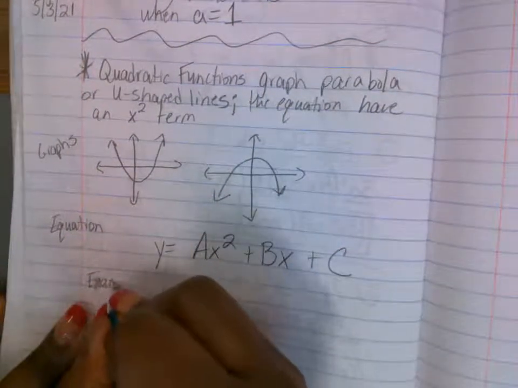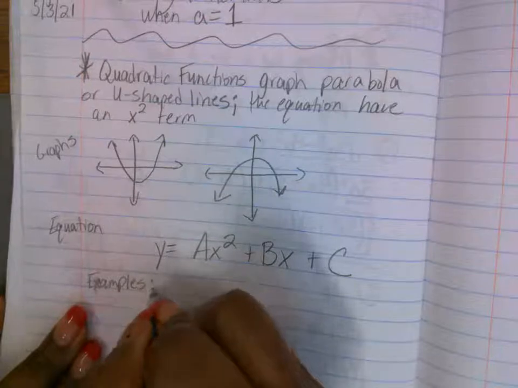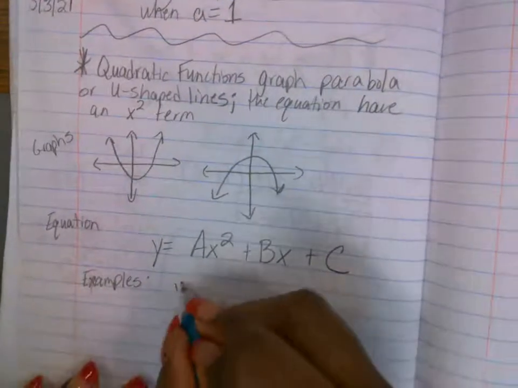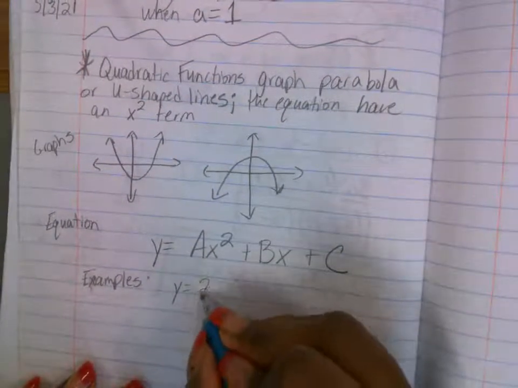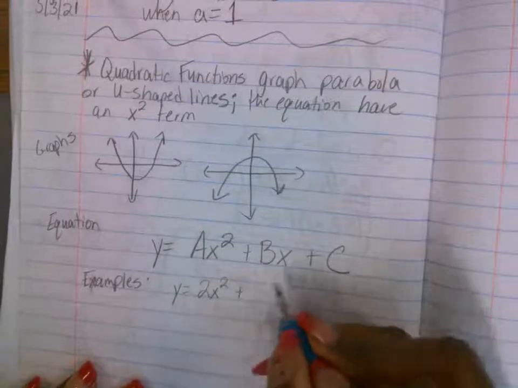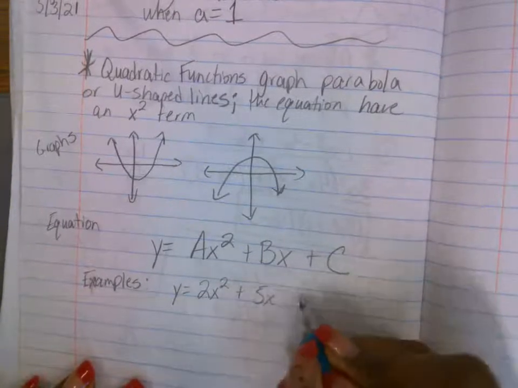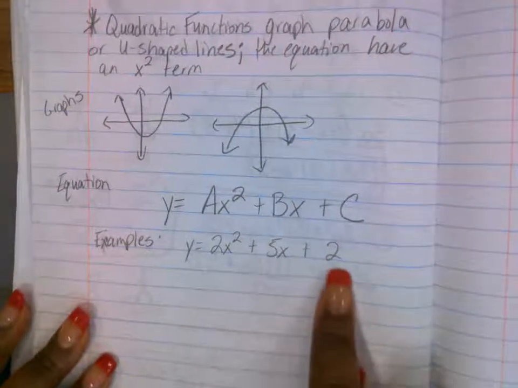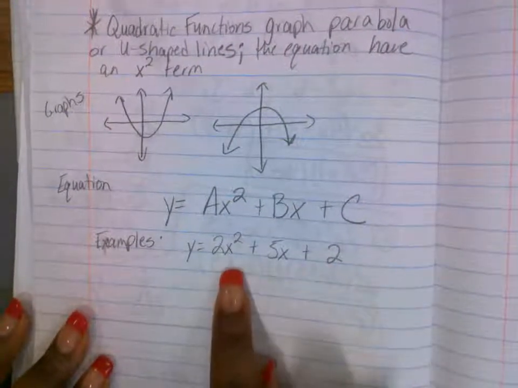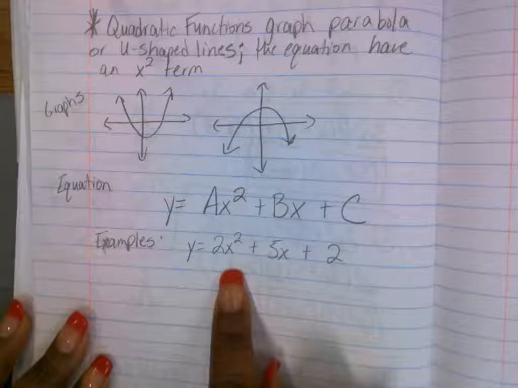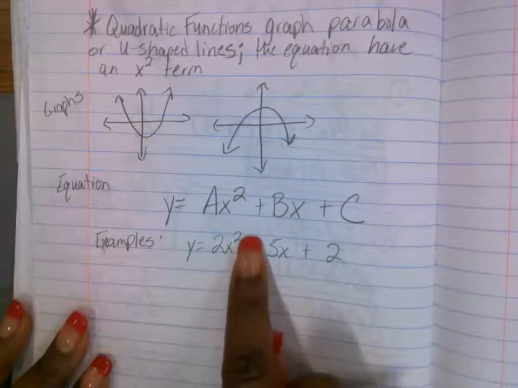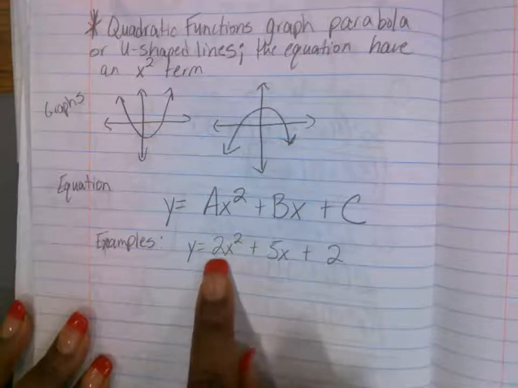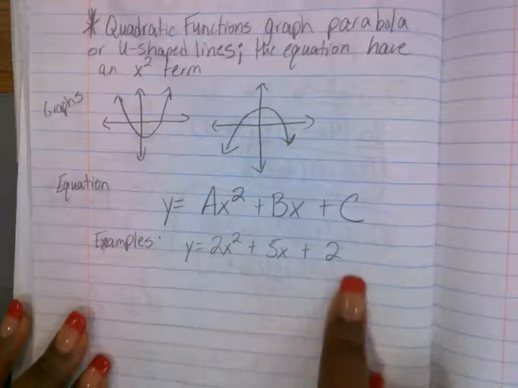And again, we've written this down before, but we need to make sure that we understand it. We may have 2x squared plus 5x plus 2. This is a quadratic function. The highest degree or the highest exponent is x to the second power, and it has an x to the second power in the equation.